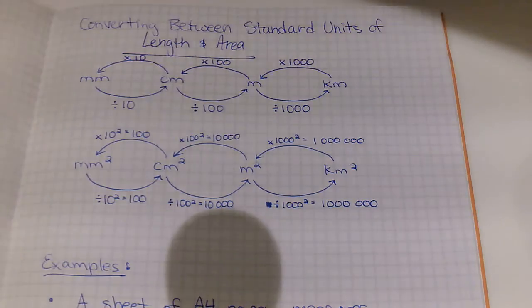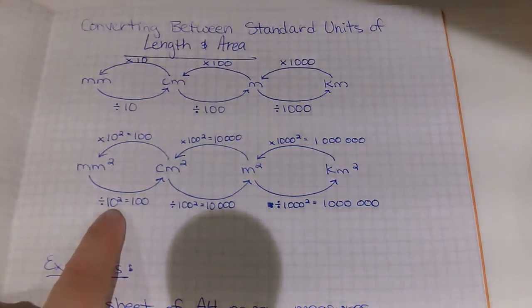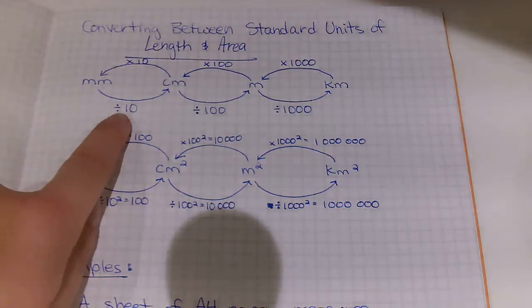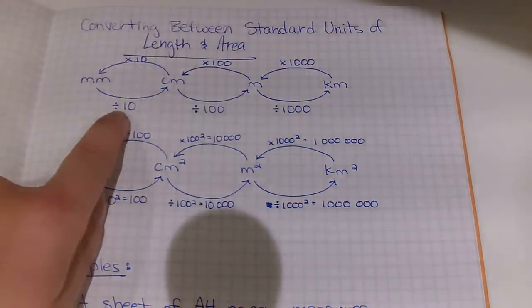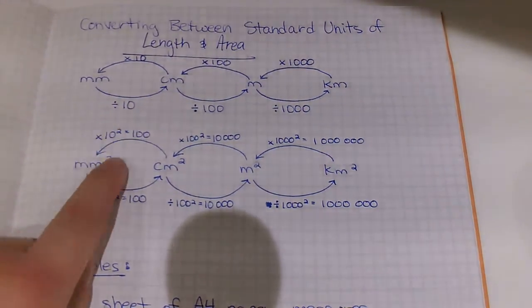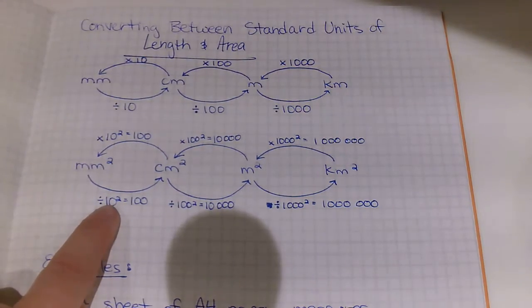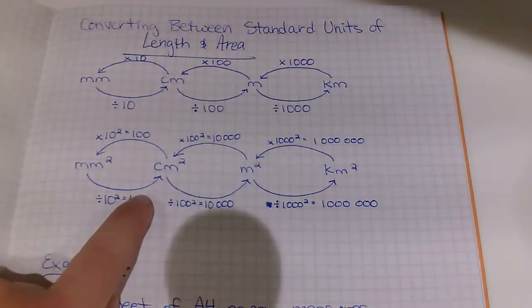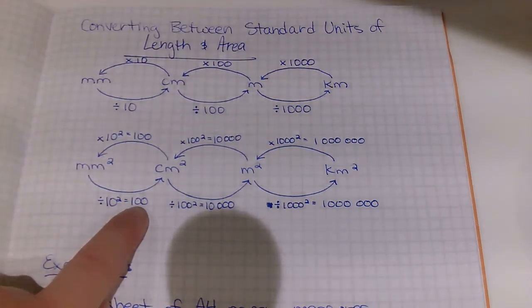So when we're trying to convert from one unit of area to another, what we're going to do is take our regular conversion rate. So to go from millimeters to centimeters, we divide by 10, and we're going to square that. So now, instead of dividing by 10, we're going to divide by 100.